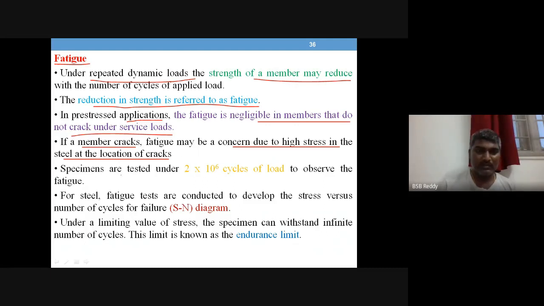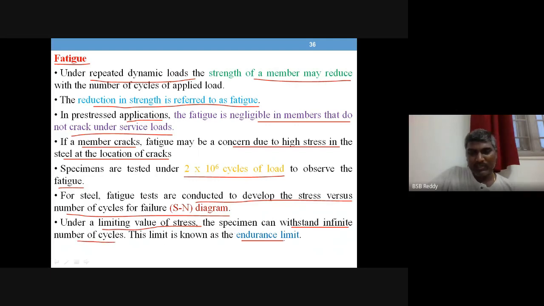Specimens are tested under 2 into 10 power 6 cycles of load to observe fatigue. For steel, fatigue tests are conducted to develop the stress versus number of cycles, famously known as the SN diagram. Under a limiting value of stress, the specimen can withstand an infinite number of cycles.